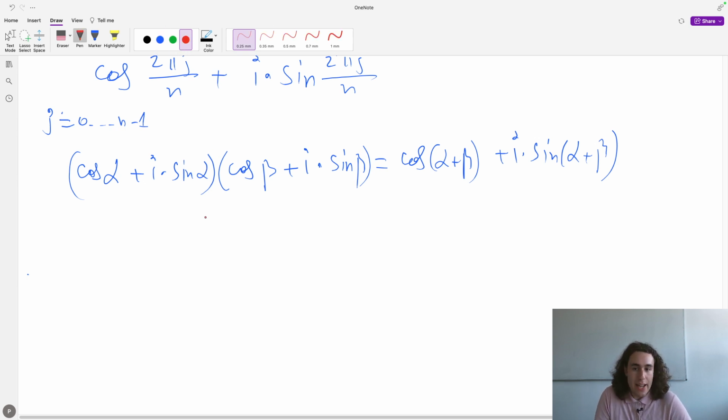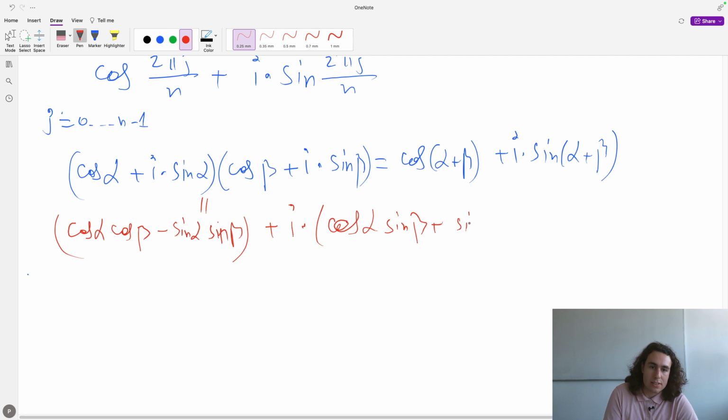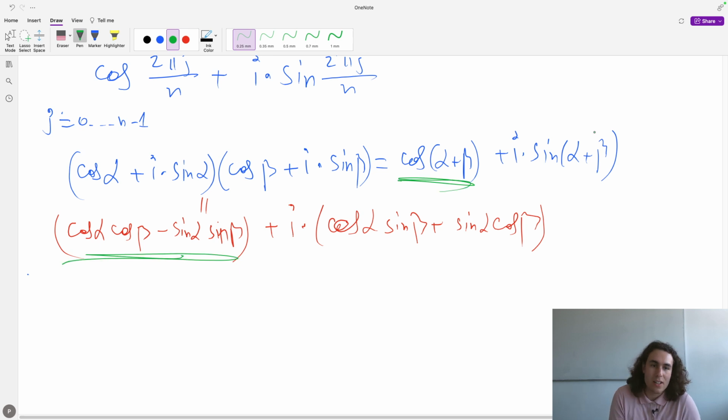But on the other hand, you can think about it algebraically. I can just take these two brackets and multiply all the terms, and I'm going to get cos alpha cos beta minus sine alpha sine beta, plus i times cos alpha sine beta plus sine alpha cos beta. And note that this value is equal to this one, and this value is equal to this one.